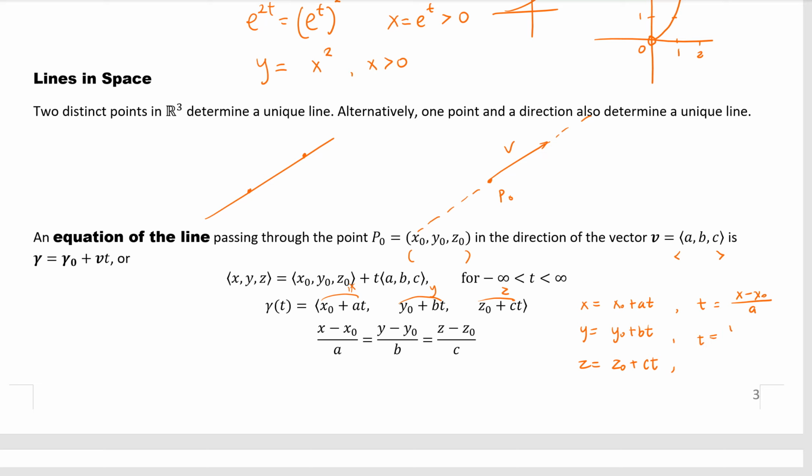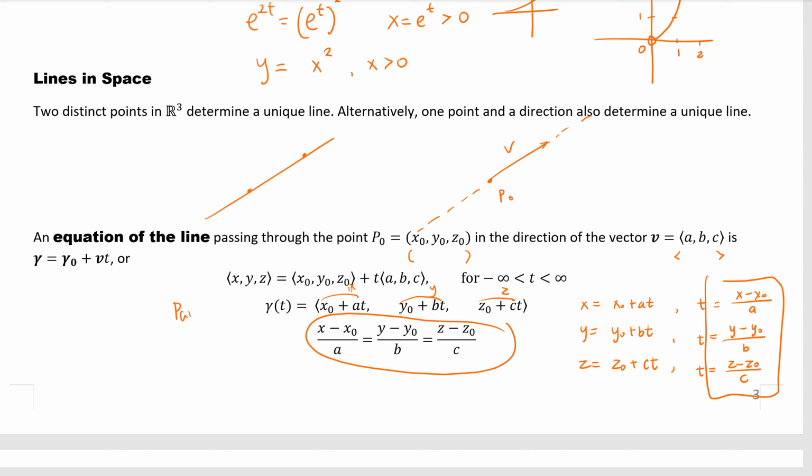Here we move y0 to the left and divide by b. Here we move z0 to the left and divide by c. So now all of these are equal. So we get this is the equation for the line. Okay, so this is a parameterization, and this is the equation of the line. So far, so good.